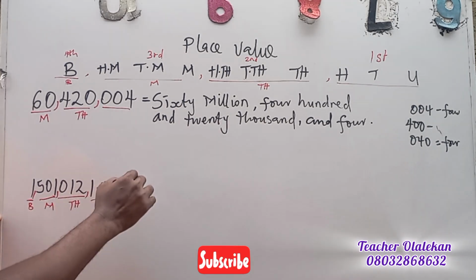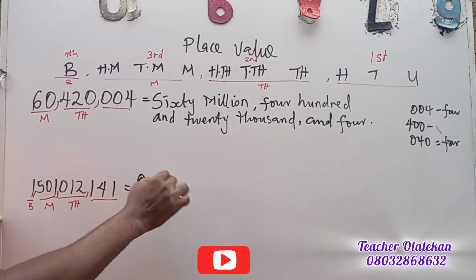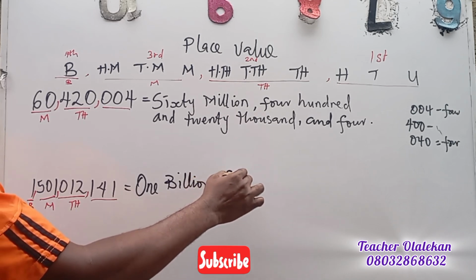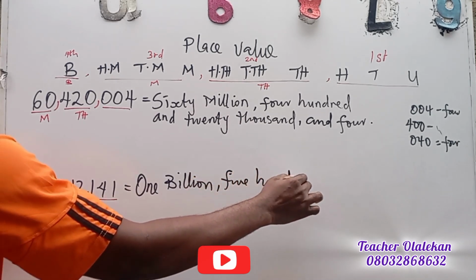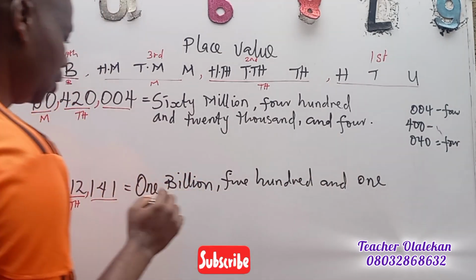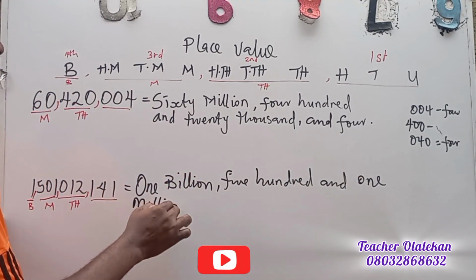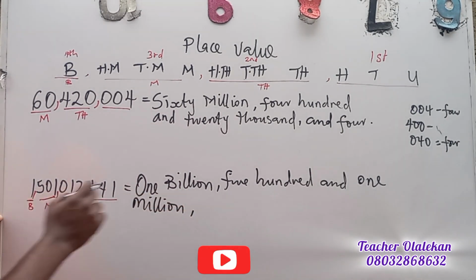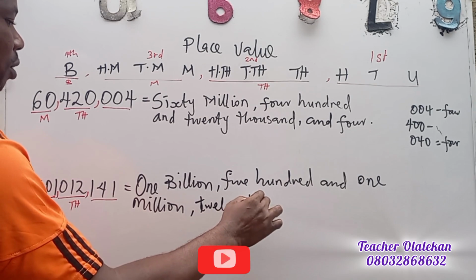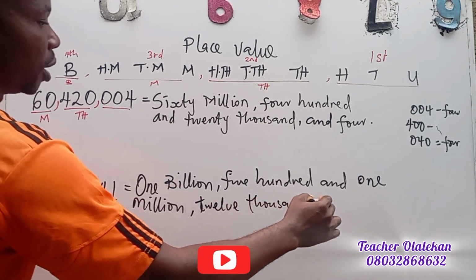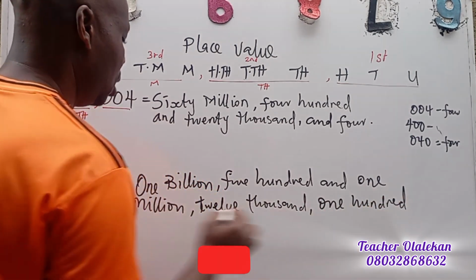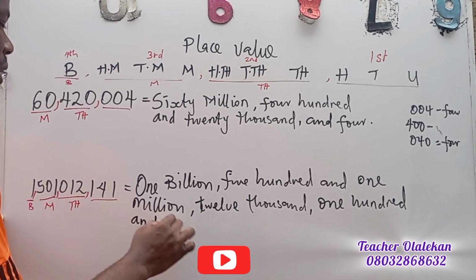So that becomes 1 billion, 501 million, 12,000, 141.